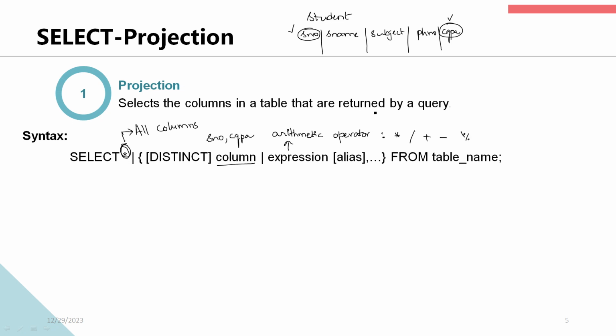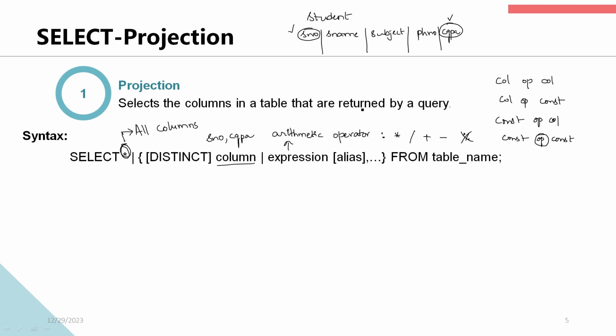We do not have modulus as an arithmetic operator. So while giving the expressions, you can provide the expression in the select statement as a column, operator, another column, or a column, operator and a constant value, or a constant value, operator and a column, or a constant value, operator and another constant.